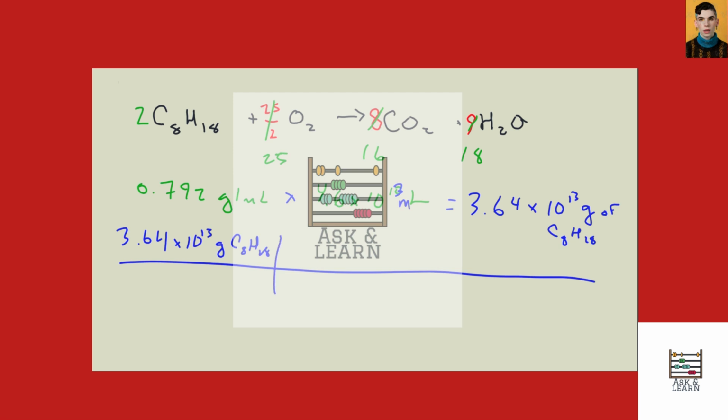3.64 times 10 to the 13th grams of C8H18. And the molar mass of that, 12 times 8 is 96, plus 18 is 114. 114 grams per mole. And for every 2 moles of C8H18, we make 16 moles of CO2.